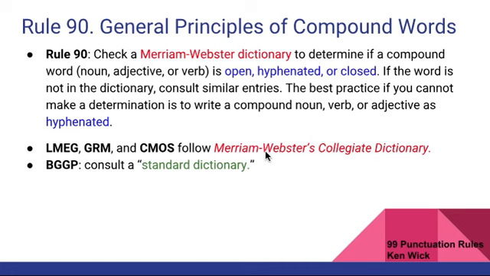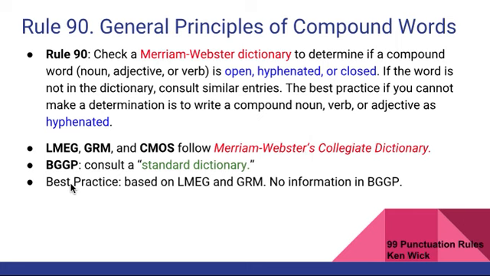In fact, I'm pretty sure it says something like if the word is frequent throughout the transcript, you should actually check multiple dictionaries. The best practice is based on the LMEG and the GRM. There's no information about a best practice in the BGGP.